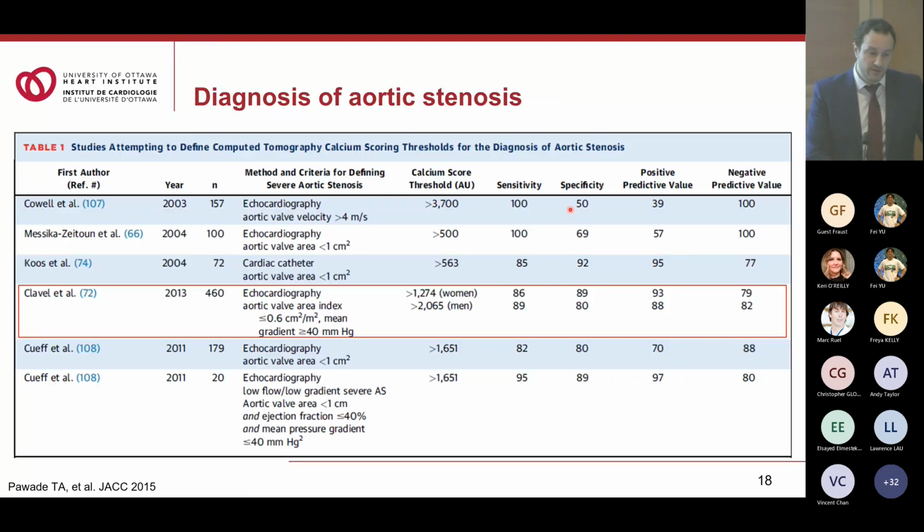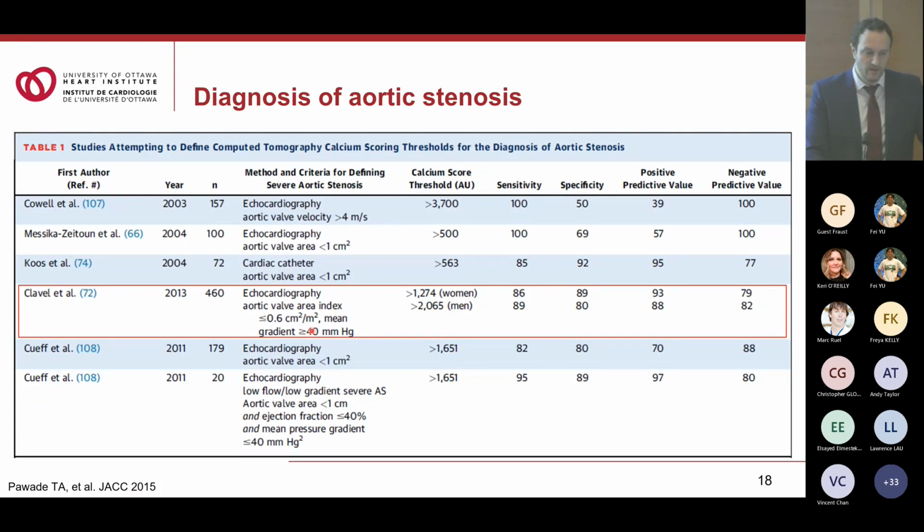It was then studied extensively in the diagnosis of aortic stenosis, and there have been multiple studies on this topic. Each study had a somewhat different threshold until 2013, when Clavel and colleagues had the largest study published to date.